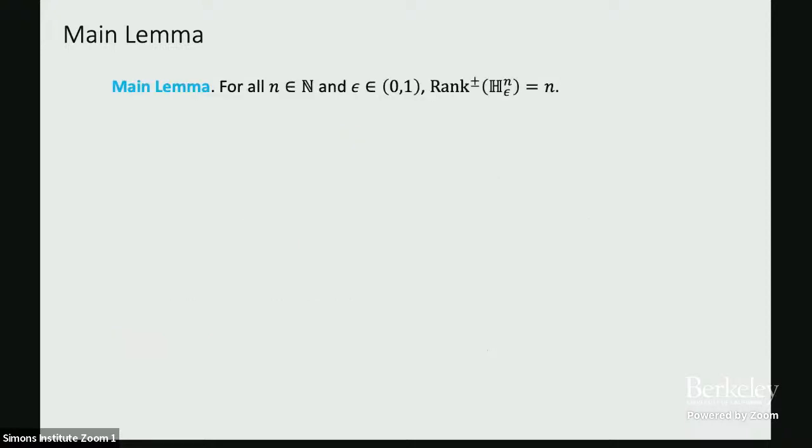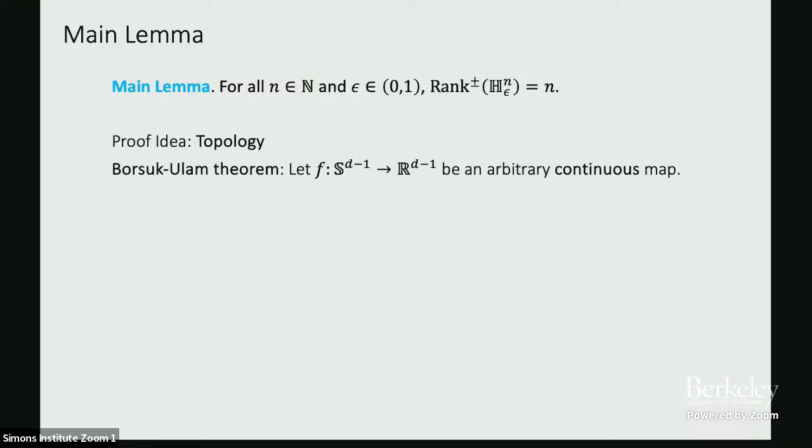Okay, so what is the proof of this main lemma? It's basically just a one-line application of the Borsuk-Ulam theorem. The Borsuk-Ulam theorem has 58 equivalent formulations, but the one we're working with is the following. It says if you have a continuous map from the sphere to one dimension lower, there's always an antipodal pair.